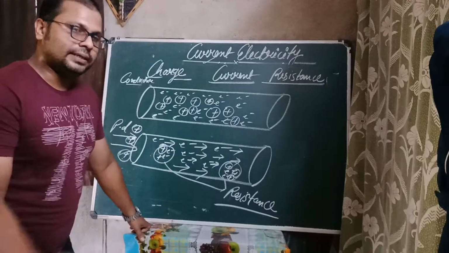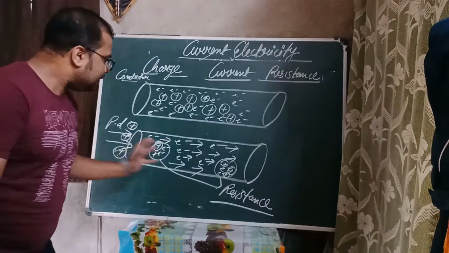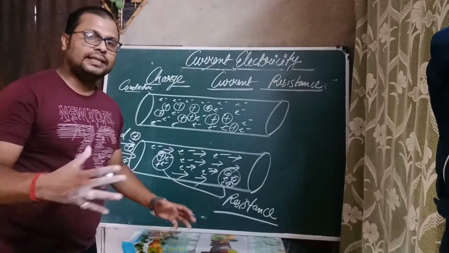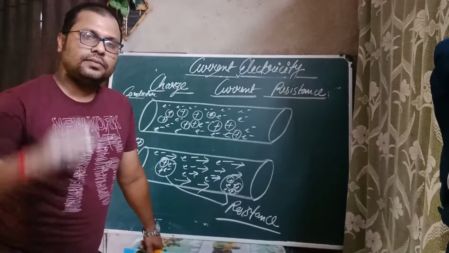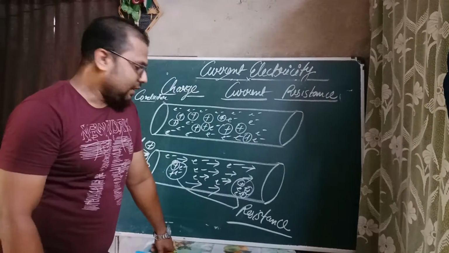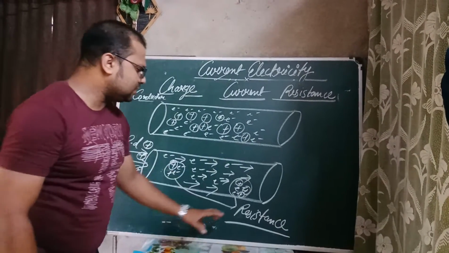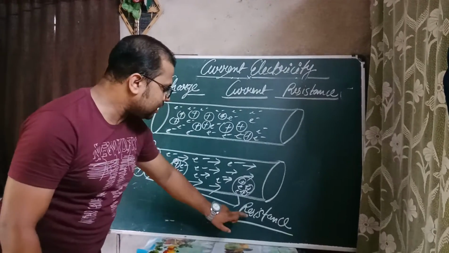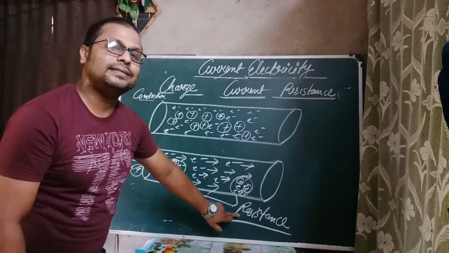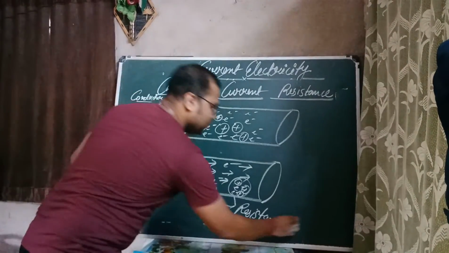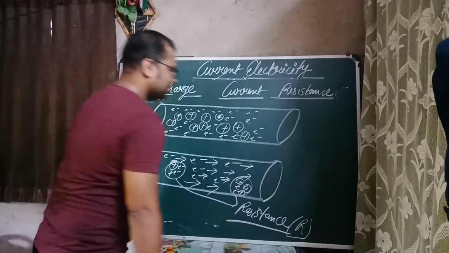They start movement. And while doing this movement, there are some patches they form where they collide with each other. Yes, students? They collide with each other, and because of this only, some obstruction is created. This obstruction in the path of current is known as resistance. Okay, students? Resistance is denoted by capital R.